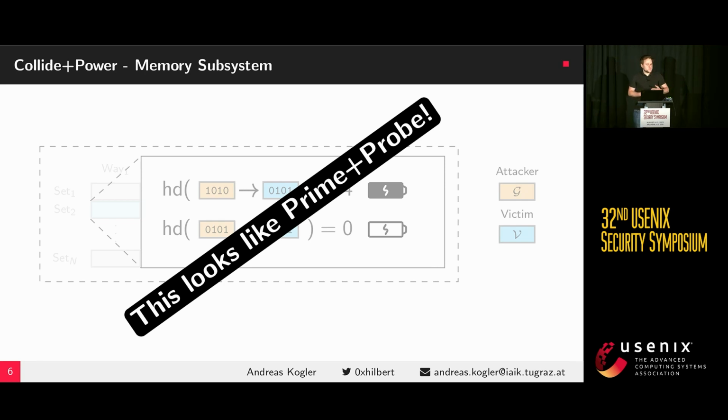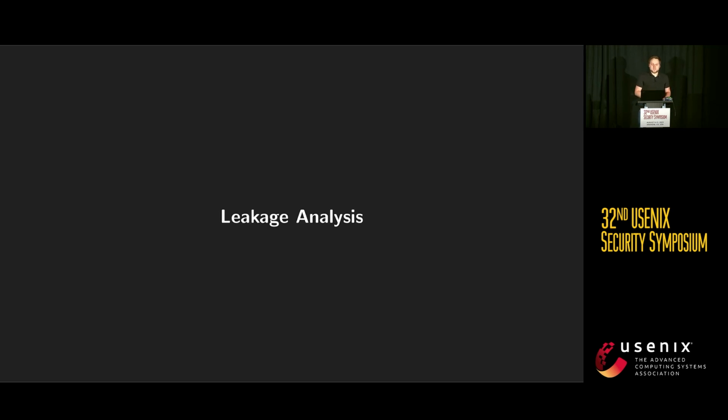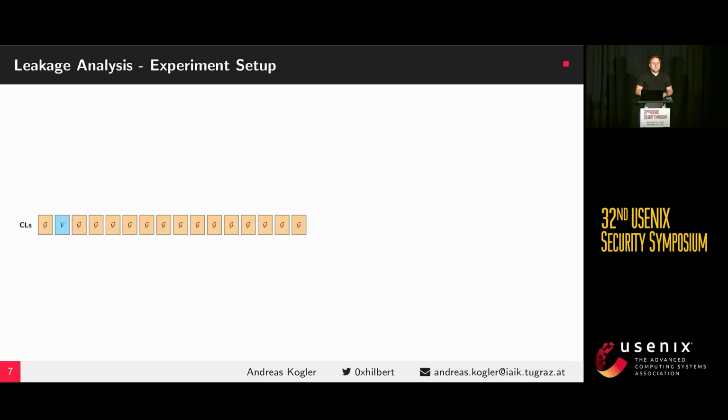Since we are targeting the cache, we also need to analyze it. We assume that there's leakage in the cache, but how can we find it and how can we test it? In order to do the leakage analysis, we build an eviction set, which is generic for L1 and L2. Therefore, we use 16 distinct cache lines, where 15 of the cache lines are attacker-controlled data, and we target one cache line of the victim.